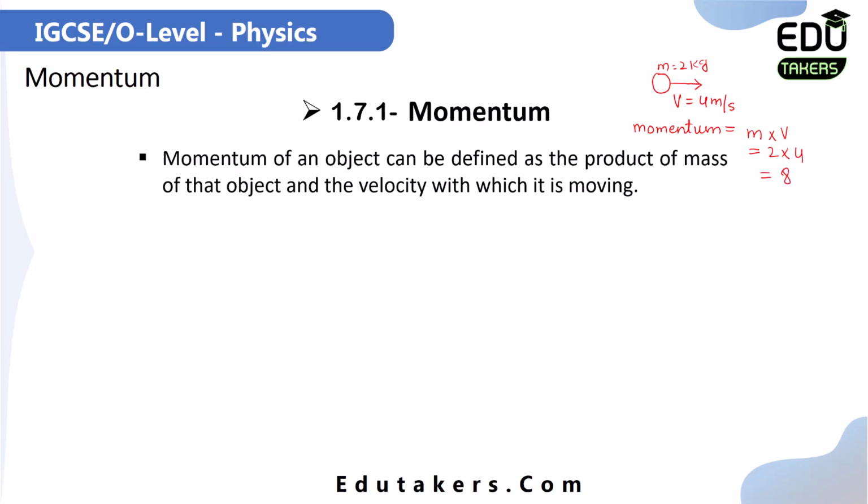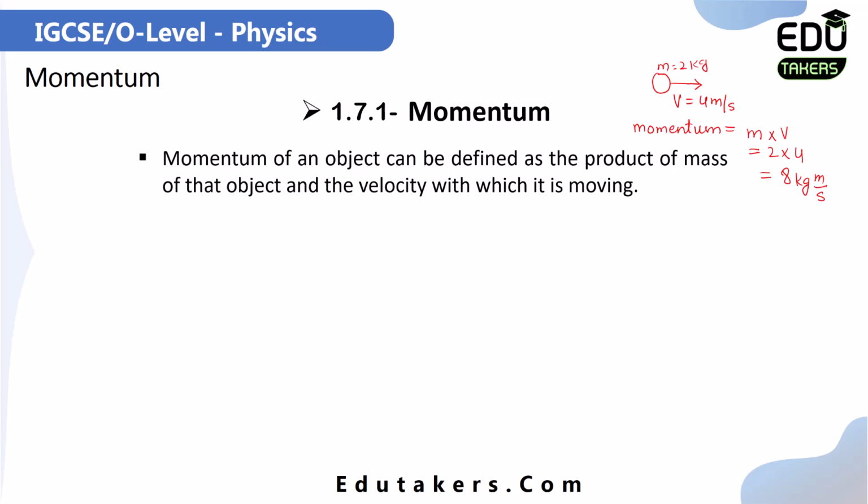Next, what is the unit for the momentum? Can you tell me what is the unit for the mass and what's the unit for the velocity? Then combine both of these units to get the unit of the momentum. As the mass is measured in kilogram and the velocity is measured in meters per second, kilogram meter per second is the unit for the momentum.